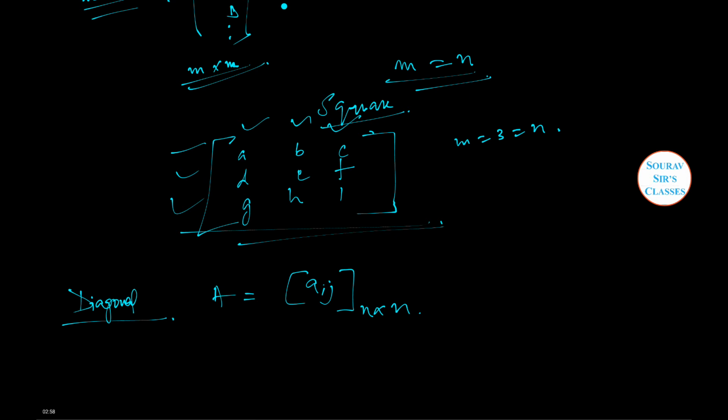Now students, let me tell you what a leading diagonal is. The diagonal from left to right, that is this diagonal, is known as the leading diagonal: A, E and I.